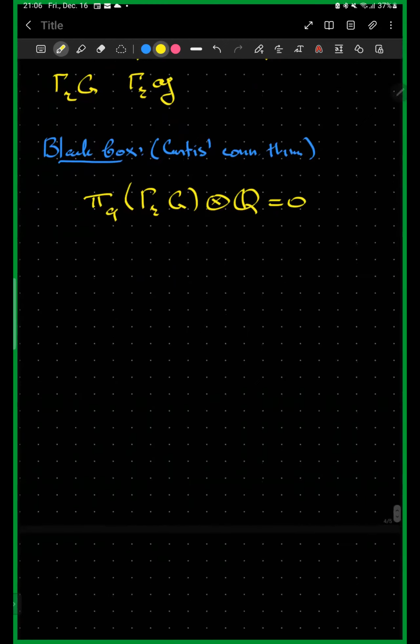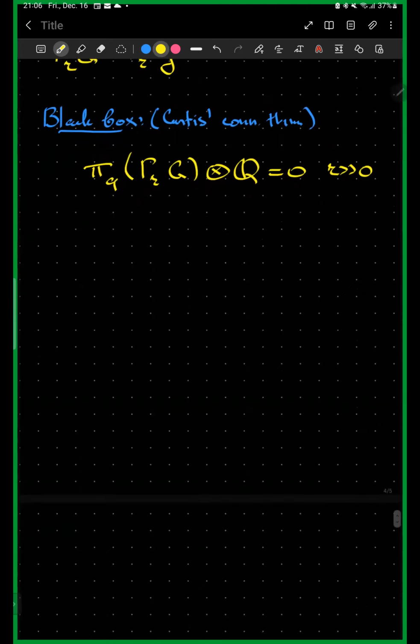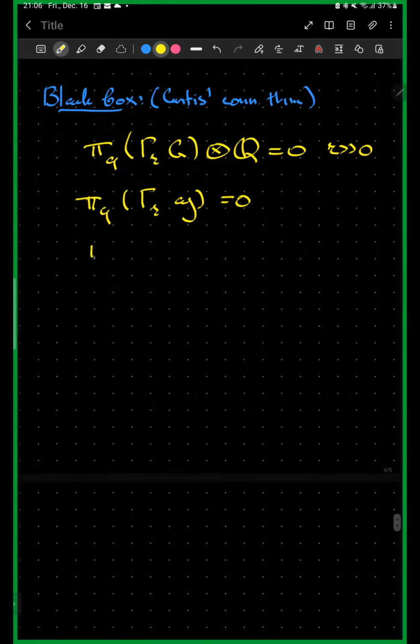So if r is large enough, then this is 0 for any q. Well, of course, r depends on q, you understand. Similarly for Lie algebras, and similarly for associative algebras.